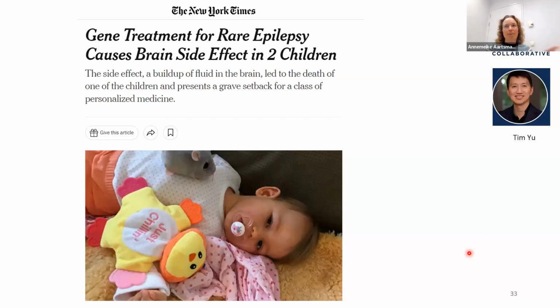Then a few months and years after treatment, in the patient who started treating first, they saw hydrocephalus, so increased pressure within the brain, and that caused pathology. By that time, they discovered it. The patient was already in quite a severe state, and they could have built in a shunt, so a tube to reduce the brain pressure, but the family decided they did not want this.